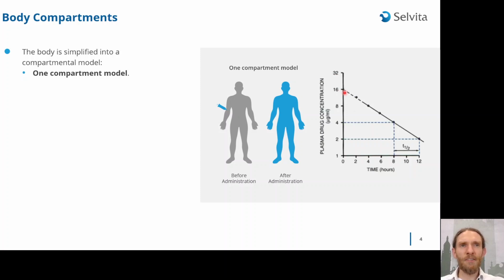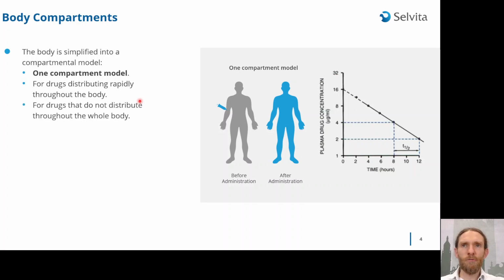So this model can be applied in situations where we see this linear drop of concentration of the drug through time. So this happens when the drugs get distributed very rapidly throughout the body, and also for drugs that do not distribute throughout the whole body and they stay within the plasma.